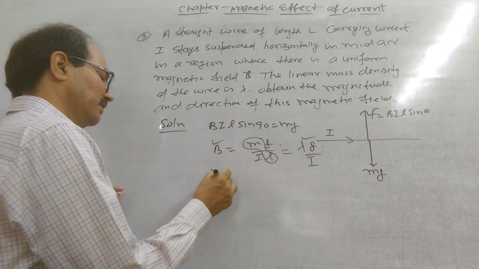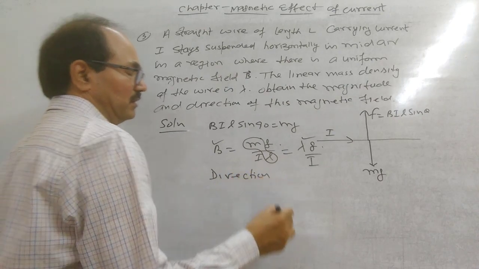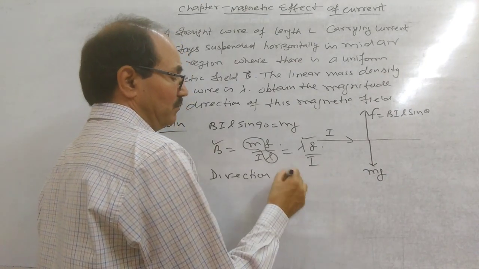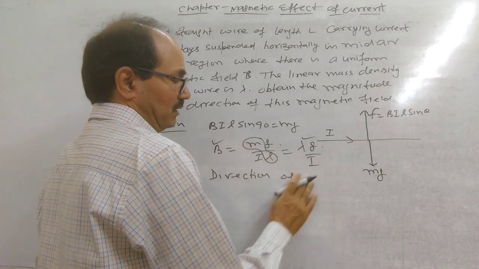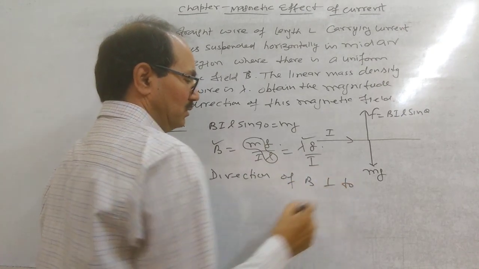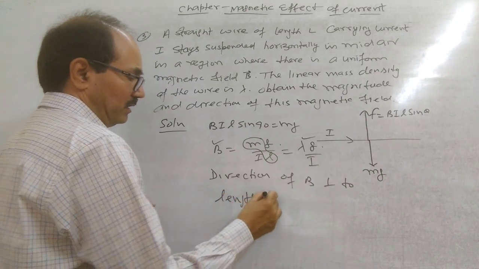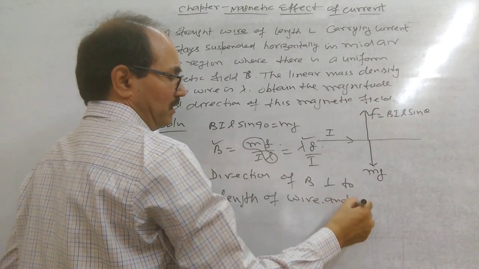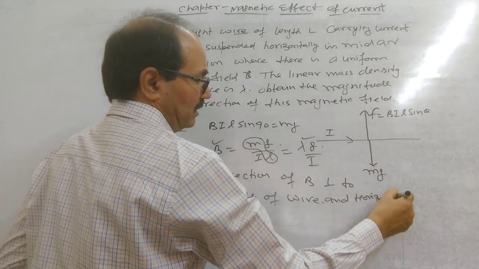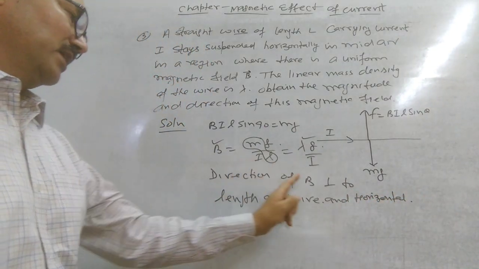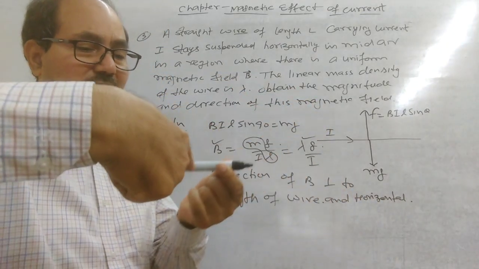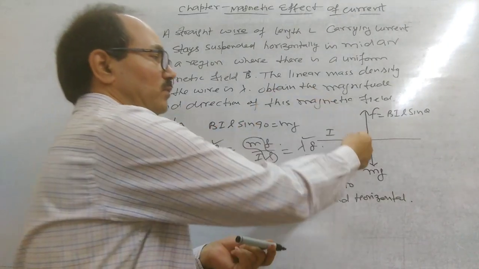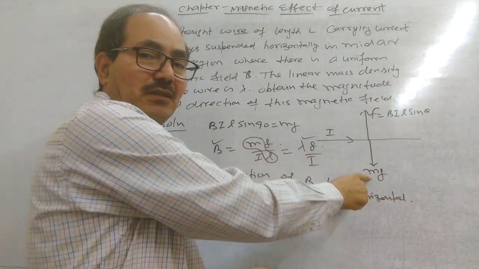Okay. Now what will be the direction? The direction of the magnetic field will be perpendicular to the length of this wire, and horizontal, right. The direction of the magnetic field is perpendicular to the wire, so it will be perpendicular to it and horizontal. Then only is the force on the wire due to the magnetic field vertically upward, and this force will balance the weight of the wire.